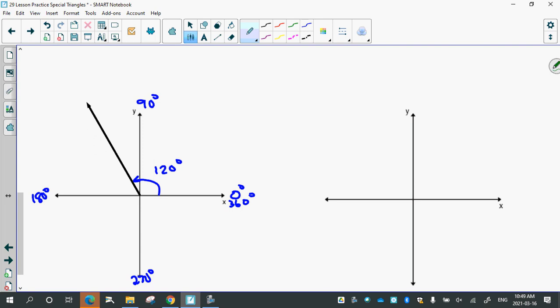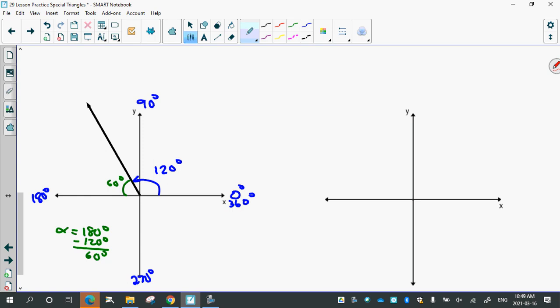So, again, alpha is this angle in here. How would I figure out what alpha is? 180 minus 120. So I'll just do that here. Alpha is 180 minus 120, which is 60.